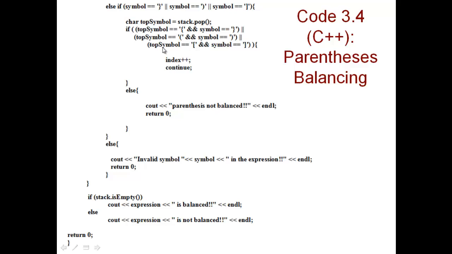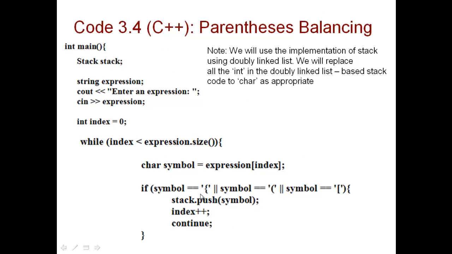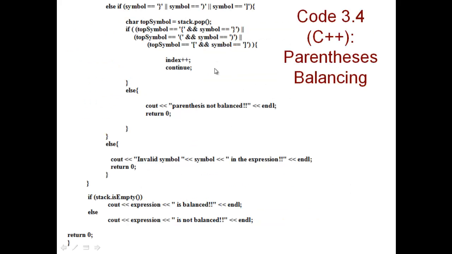So I store it as a character value, and I call it top symbol. Now in this code, since we want to handle three possible parenthesis symbols, I want to make sure the symbol I pop has a matching open parenthesis symbol of the same type. So I compare the symbol I pop, which will be any of the open parenthesis symbols.